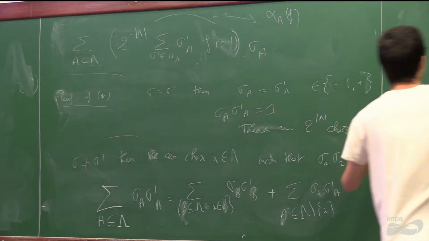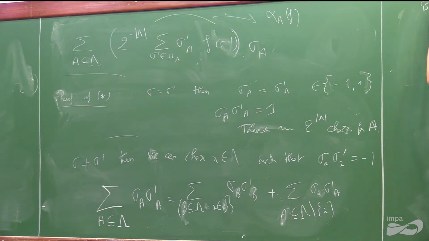Okay, so now I say B is equal to A union x. So this is a change of variable. Okay?